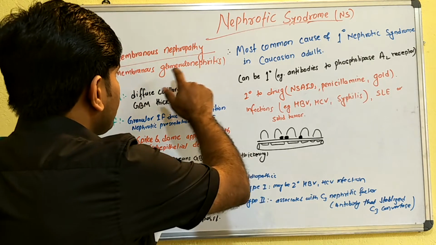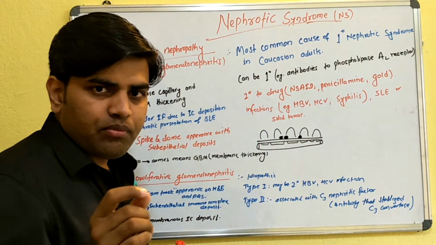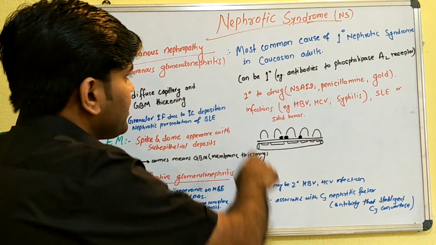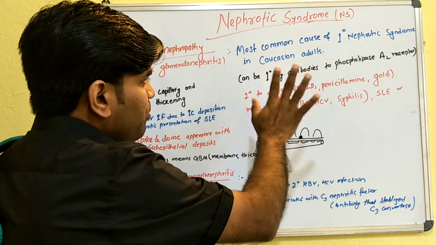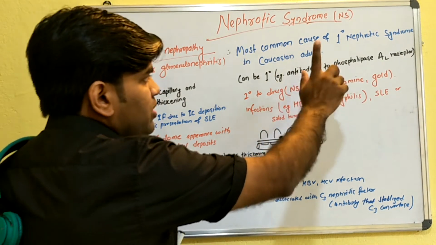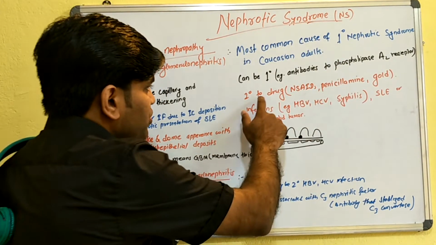Okay, so we are talking about membranous nephropathy. Membranous nephropathy occurs most commonly in Caucasian adults, and it can be idiopathic. You know that all nephrotic syndromes can be idiopathic, maybe with antibody to the phospholipase A2 receptor. But the important thing is always to remember the secondary causes.